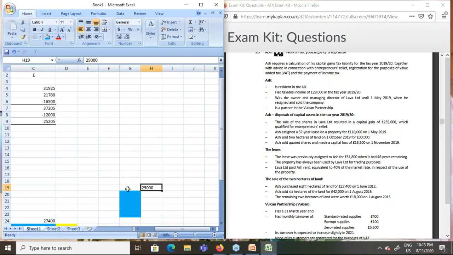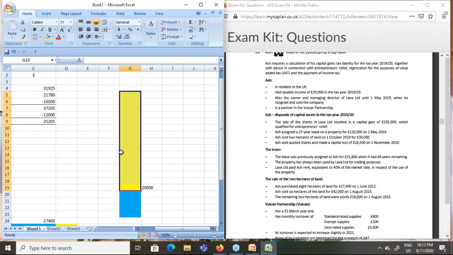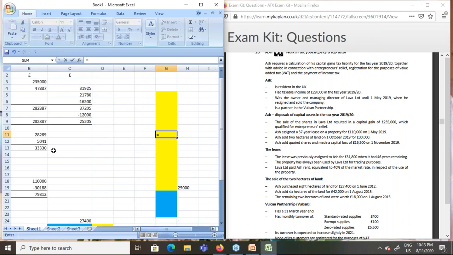These are some basics. On top of that, you need to keep gains qualifying for ER. First, you keep the gains qualifying for ER, that is 282,887. Okay. So this is the taxable income.